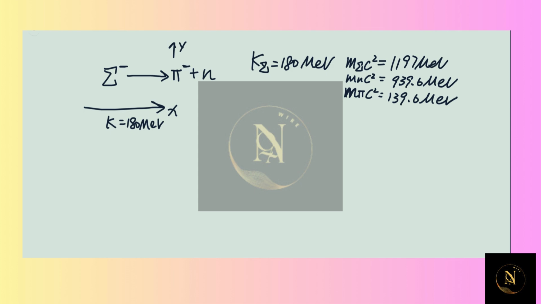Let's first find the total energy of the sigma. The total energy equals the kinetic energy plus the rest mass equivalent energy, so it's this number plus this number, and this energy is 1367 MeV.